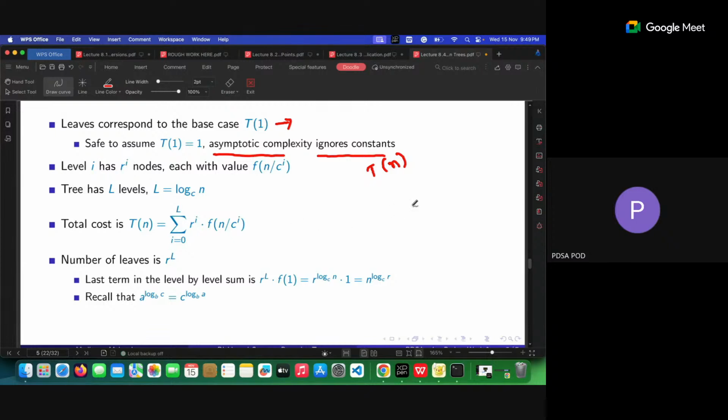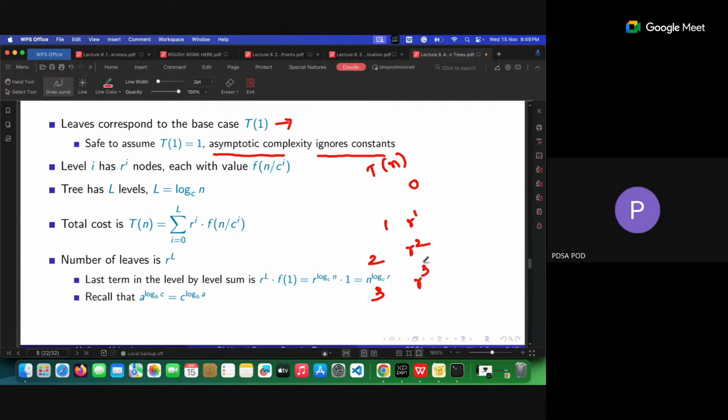Here i is the level: the 0th level, first level, and second level. Whenever the level increases, you have r to the power of 1, then r squared, then r cubed, so the recursion calls increase.